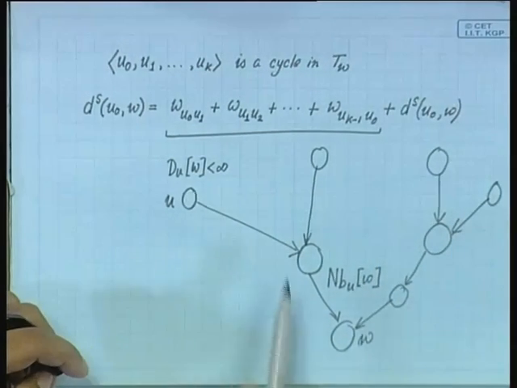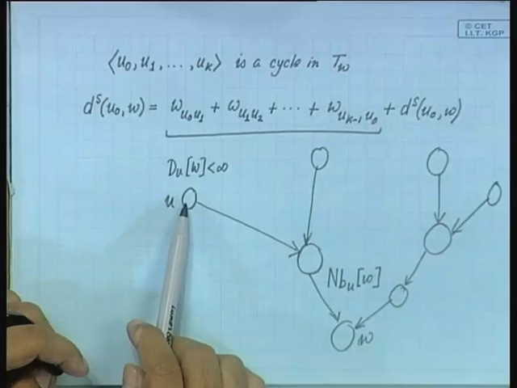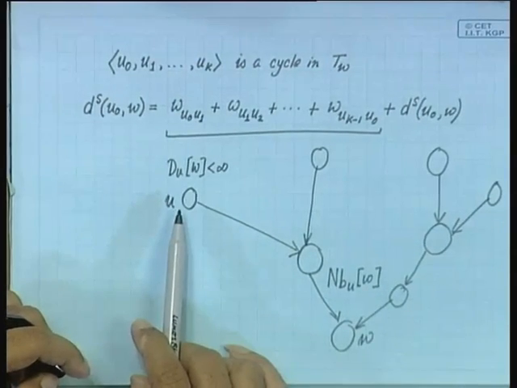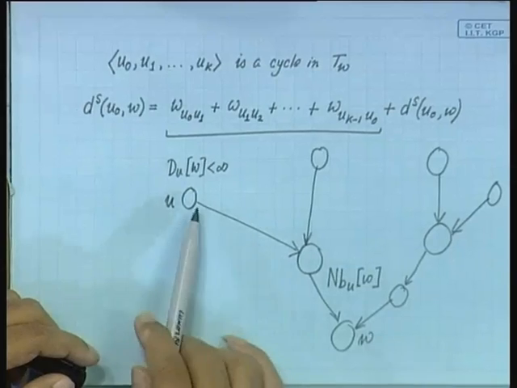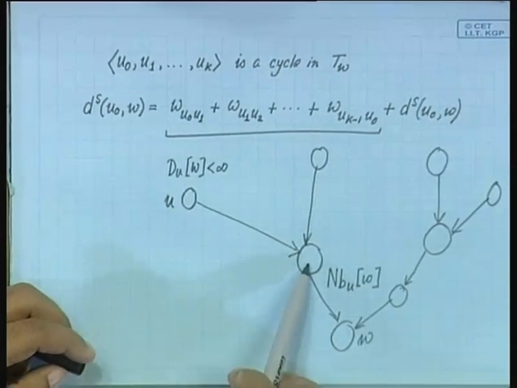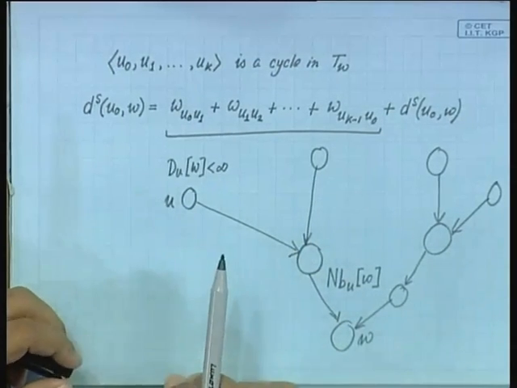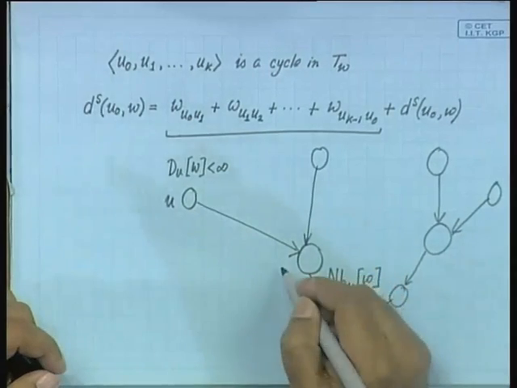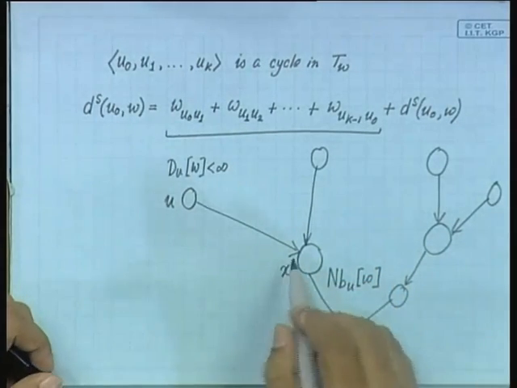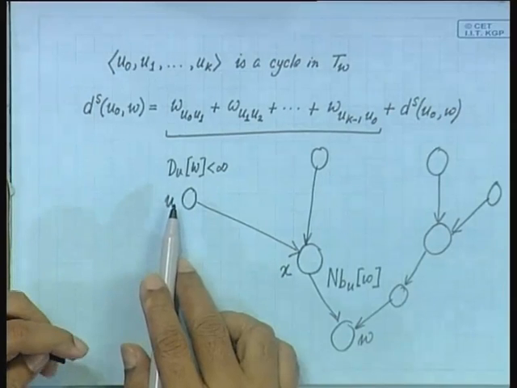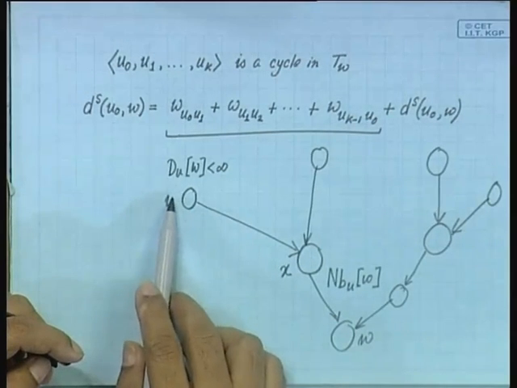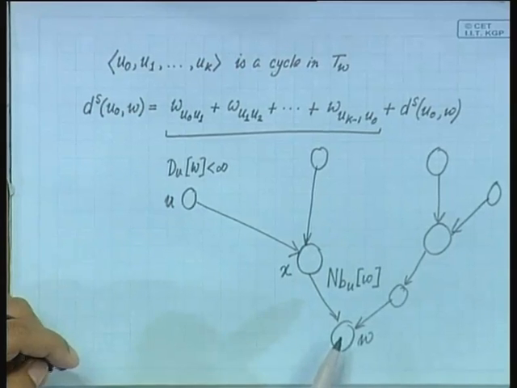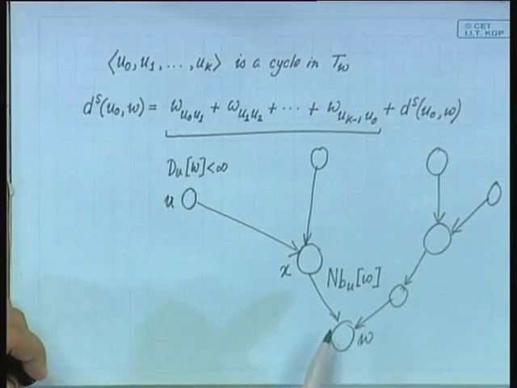Now, the problem here is that a node u knows which is NB(u,W), right. So, it knows the child, but the child does not know which are the parents. So, if you look at this node x, then x does not know that for u it is the next node on the path to W. Do you get the problem?